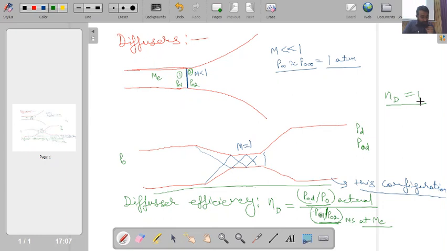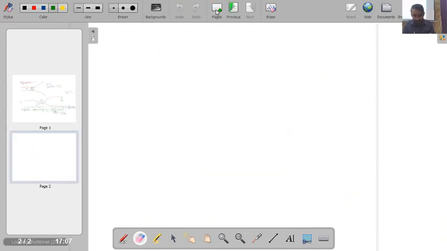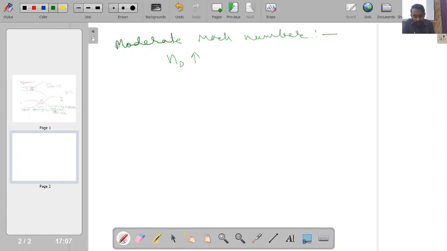Okay, so what we find is that for moderate Mach numbers, we find that our diffuser efficiency is actually high. It means that for moderate Mach numbers, my converging diverging diffuser will perform better.